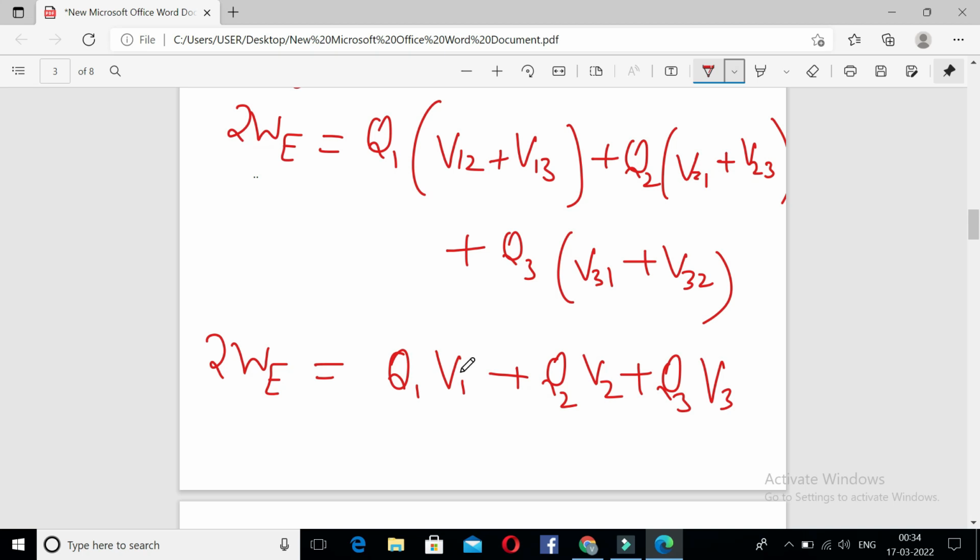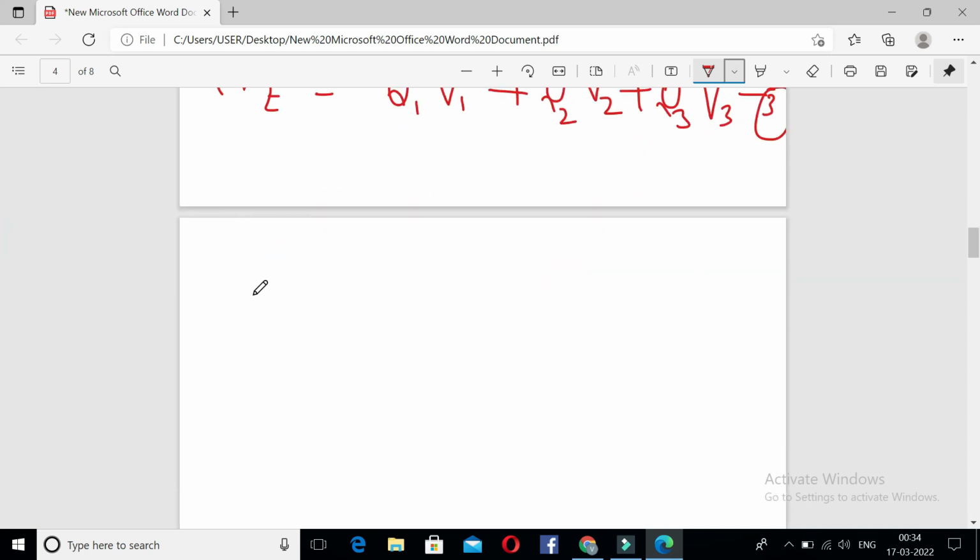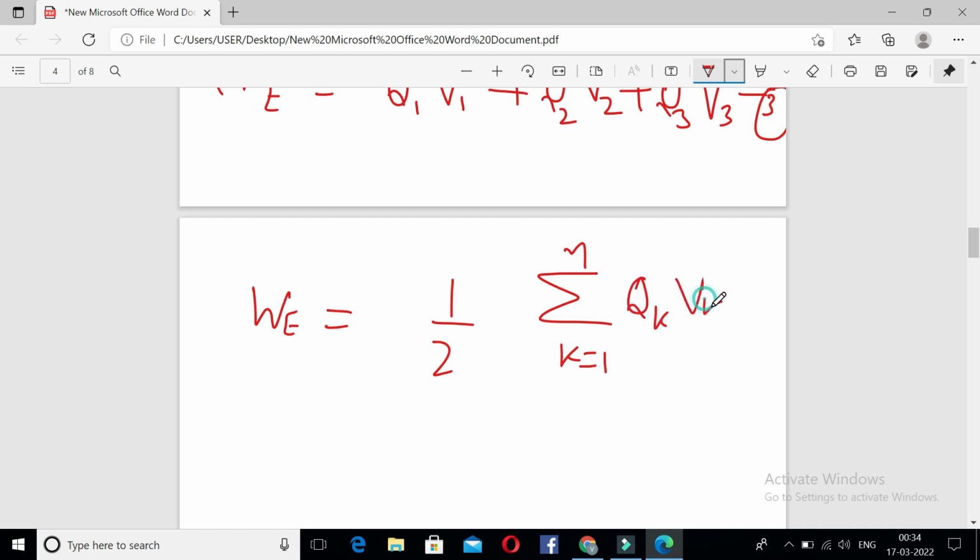In general, if there are n point charges, suppose this is equation number 3, equation 3 becomes WE equal to 1 by 2 summation K equal to 1 to N of QK VK.